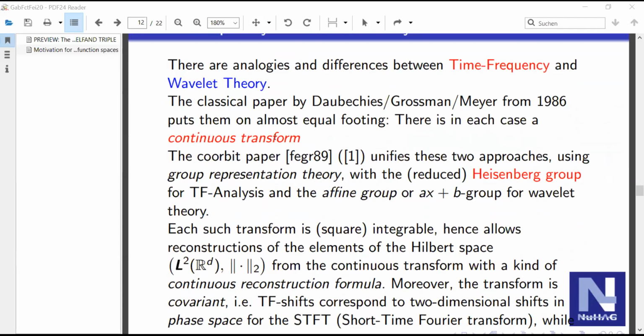Well, you have always a continuous transform, you have a continuous wavelet transform, or you have the so-called short time Fourier transform, and there's a group in the background. So you're testing your signal, your voice or so, against transforms. Now, in the idea of wavelet theory, you have constant shape.